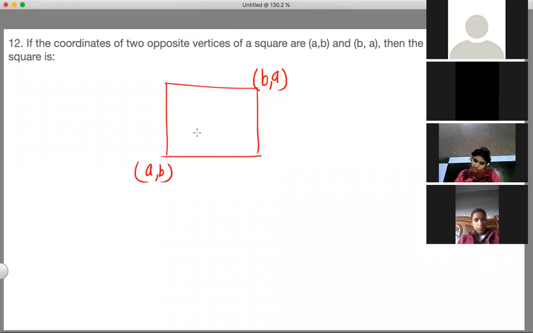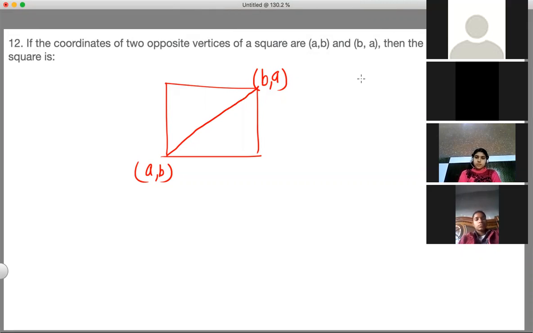So first we can find the distance between these points, and then by using the Pythagoras theorem we can find the side of the square. Yes, right. So we can find this distance. Okay, distance by √2 will be the side, right?